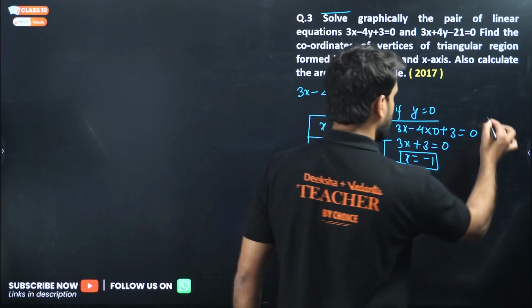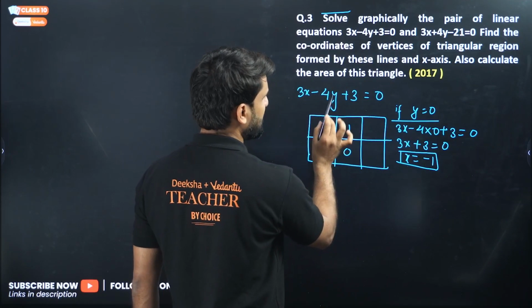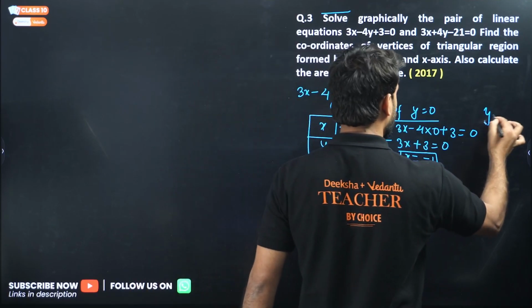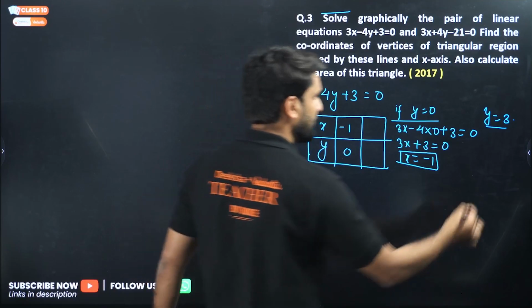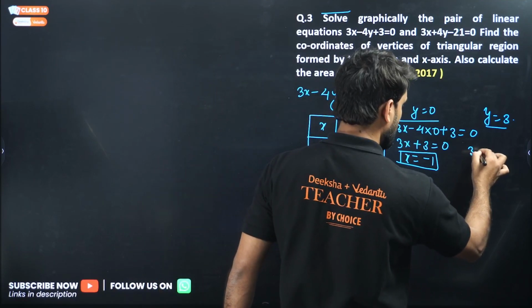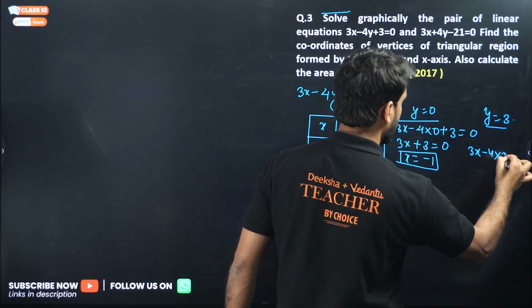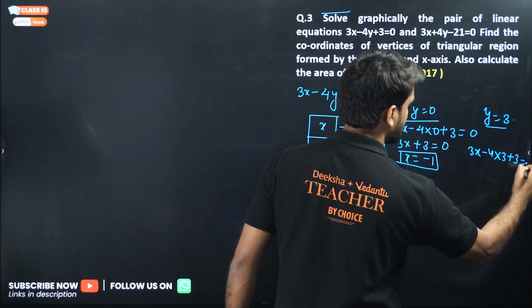Now can we put y as 3, let's say, y equals 3. So what will be the solution? Let's check. 3x minus 4 into 3 plus 3 equals 0, putting y as 3.